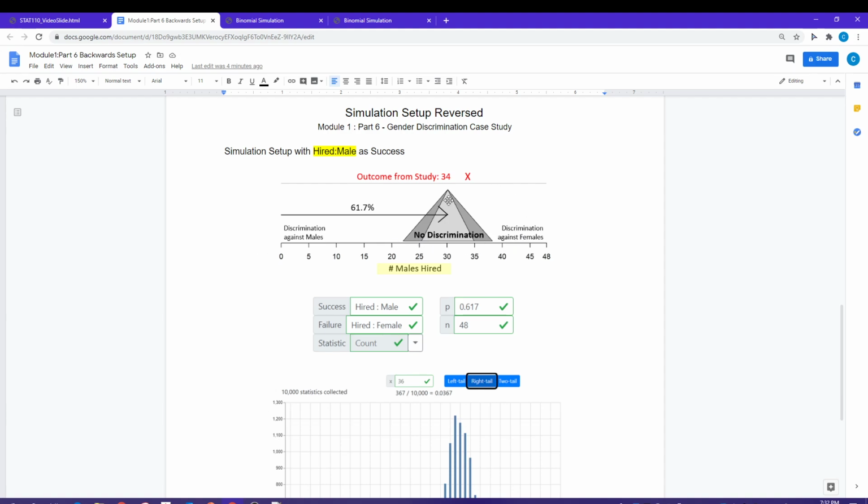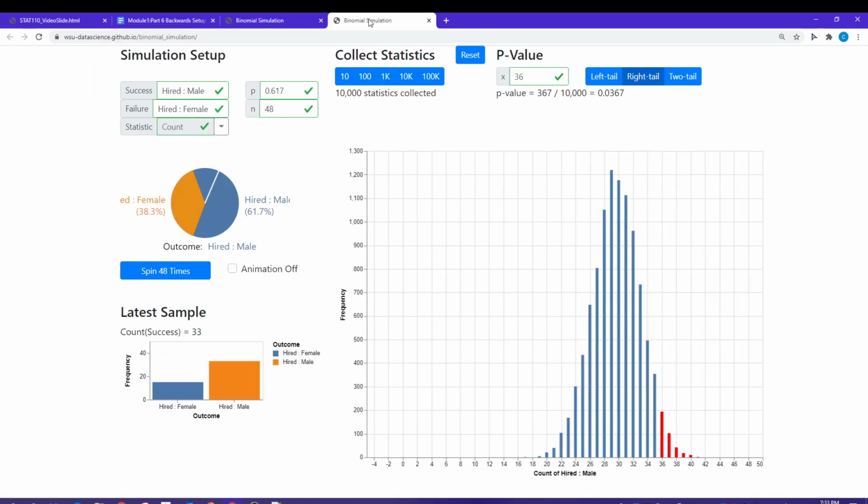We need to be careful here on what end of the distribution I care about. If I hire too many males, so if I hired 48 out of 48 males here, then that's going to be discrimination against females. So the upper end of the distribution now is going to be the side that I care about. So the setup here is going to be hired males is going to be a success.